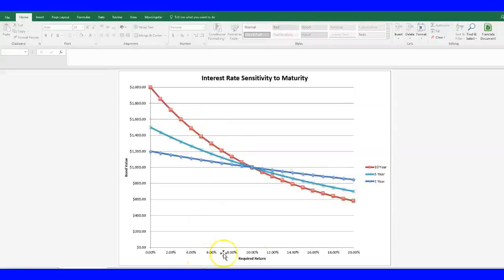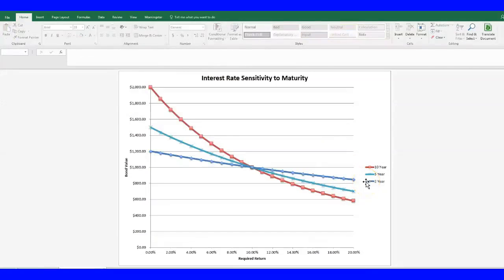You'll notice, and here of course on the horizontal axis we've got the required rate of return on the bond, and on the vertical axis we've got the bond value, and we can see the slope of the 10-year bond is much more steep. The steeper the slope means that it's more sensitive. The price of the bond's value is more sensitive to changes in interest rate than are the 5-year and the 2-year bond.